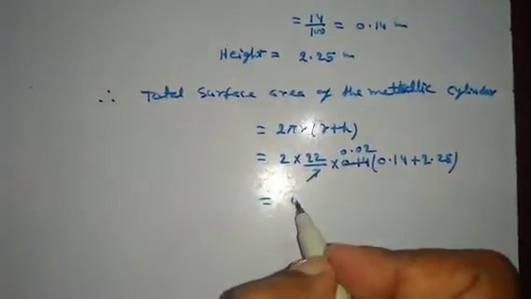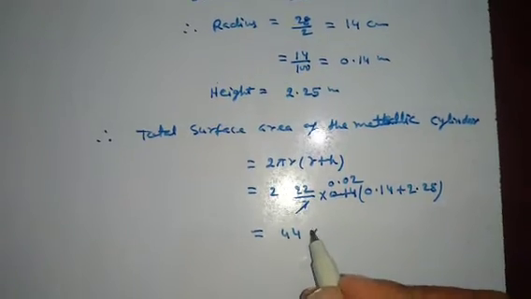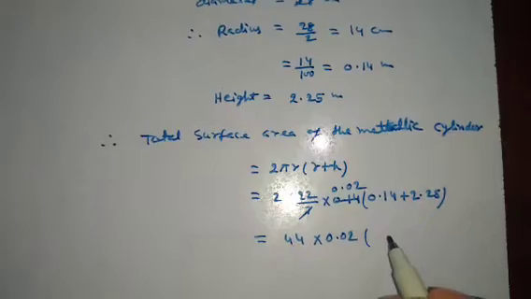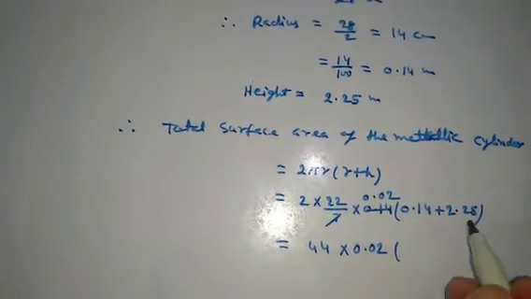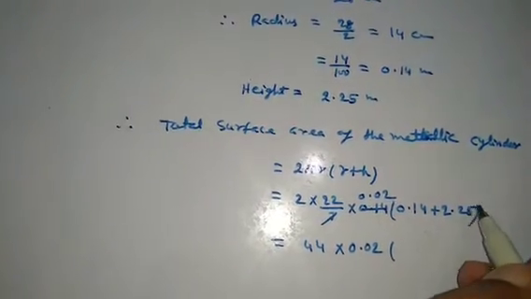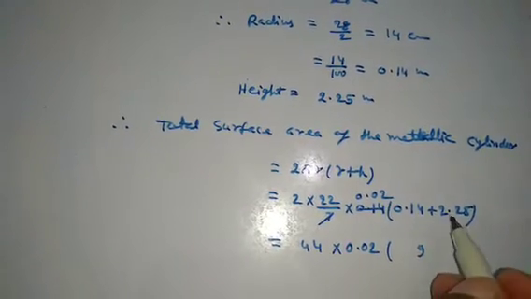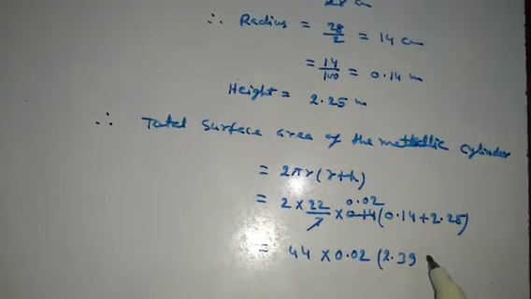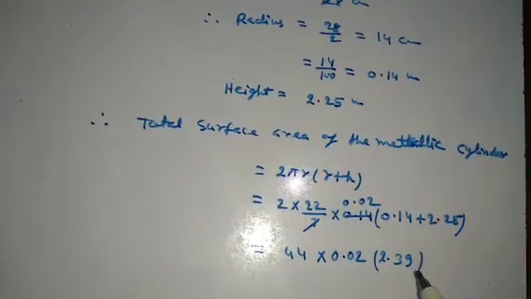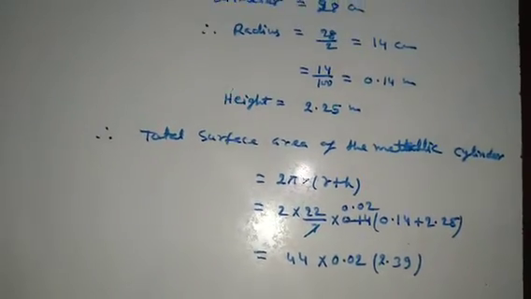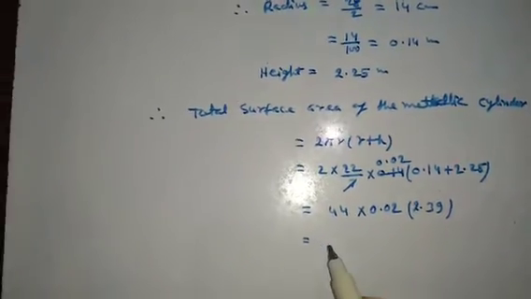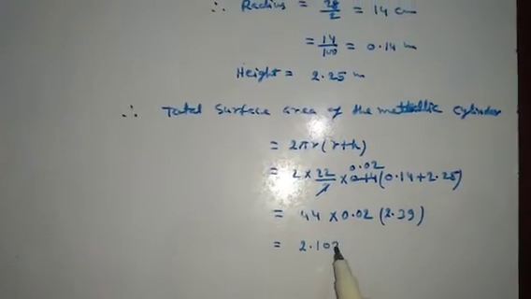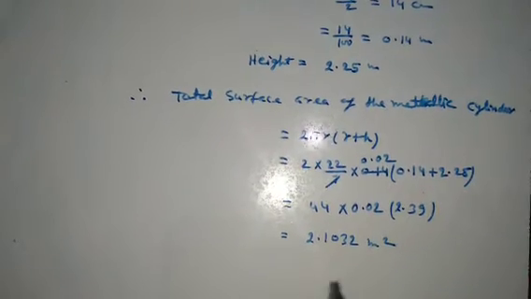So equal to 44 into 0.02 into 2.39, equal to 2.1032 meter square.